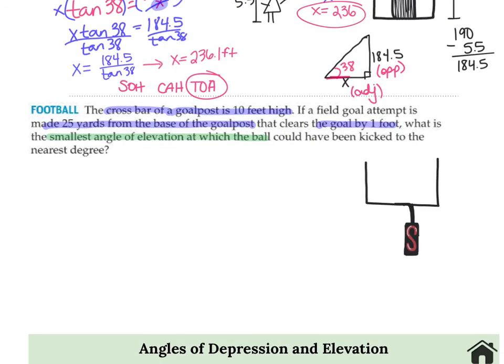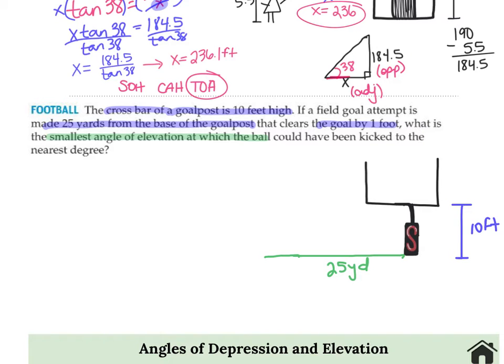Okay, so let's fill in our picture. We have our crossbar, which is 10 feet high. We were told that the field goal attempt from the base was 25 yards. Okay, so 25 yards.